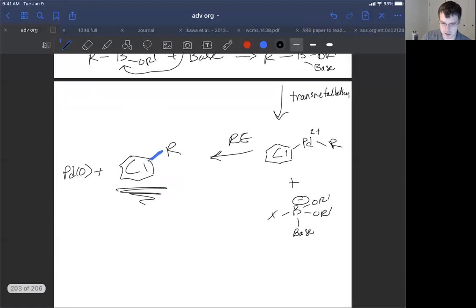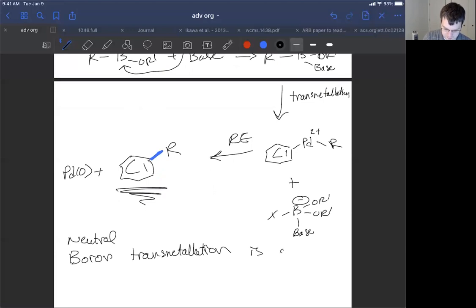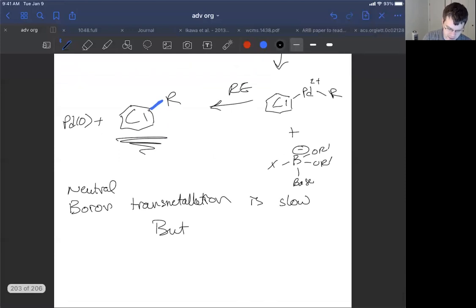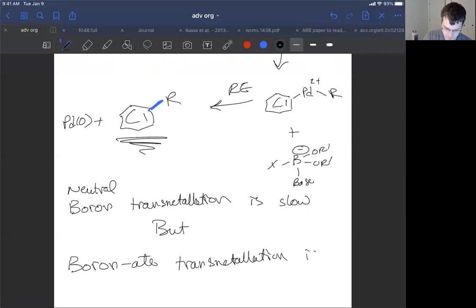Now, the key takeaway here is that the boron, as we say, neutral boron transmetallation is slow. I mean, it's not that metallic of a metal to start with. But boron 8, and 8 being you have a negative charge on the boron, boron 8 transmetallation is fast.